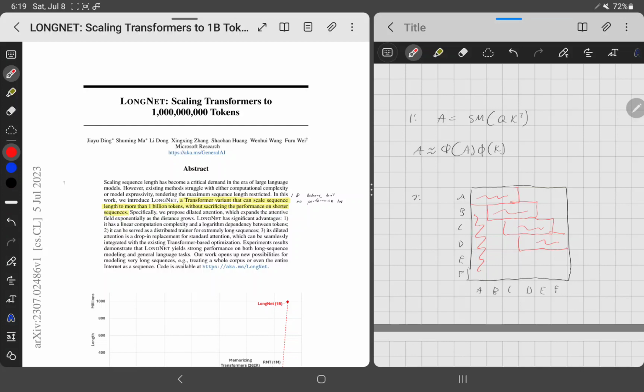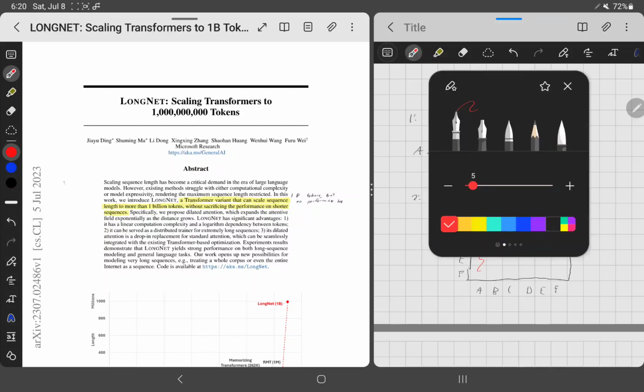But these methods haven't really shown to be a lot better, and usually you'll end up with a log complexity as opposed to the desired linear complexity. I think Big Bird was log complexity. I may be mistaken, but I think that was one way they did something similar to this, and it didn't quite show to be super impressive. But yeah, that's another way we can make attention sub quadratic.